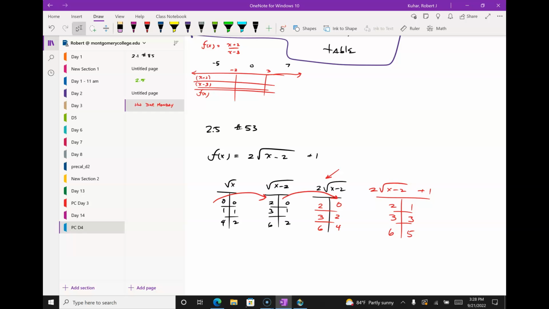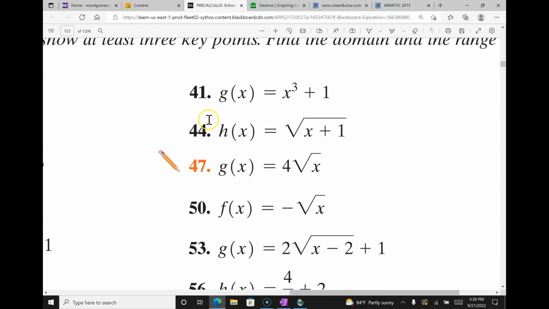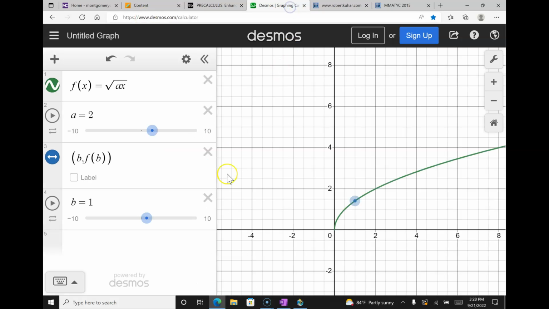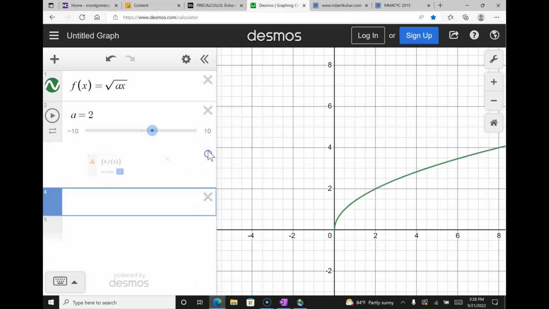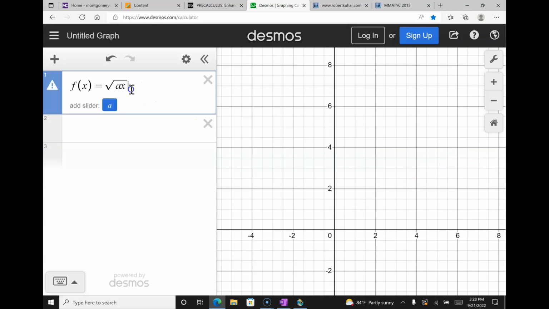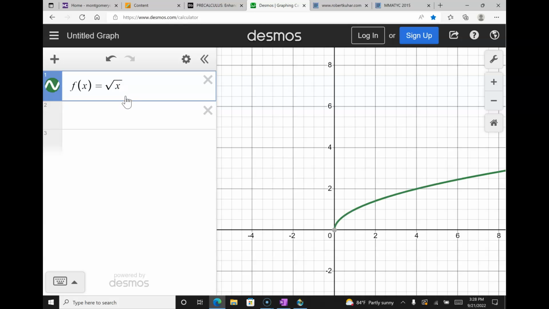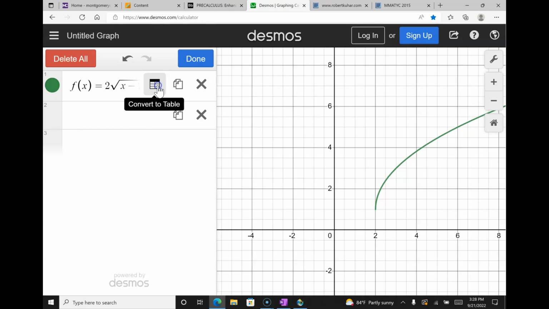Just notice that in my final table, I want 2, 3, 6, right? Okay? So in Desmos, I had 2 square root of x minus 2, plus 1. And if you watch me here, I'm going to click on the gearbox and then click on the table.